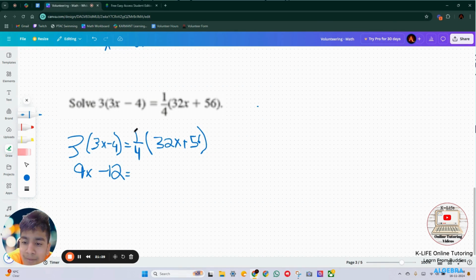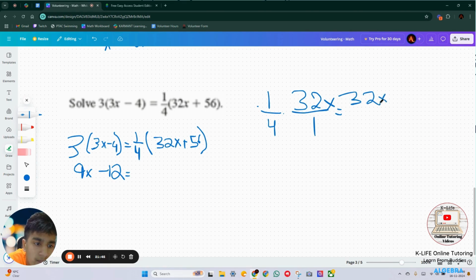And then you have 1 over 4 times 32x. Well, in that case, it's going to be like 1 over 4 times 32x over 1. Well, that equals 32x over 4. And that just gives you 32 over 4 equals 8, and then put the x. So that equals 8x.